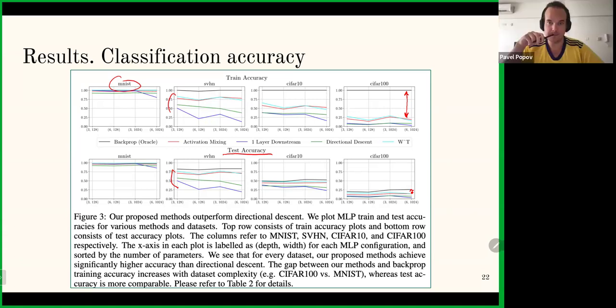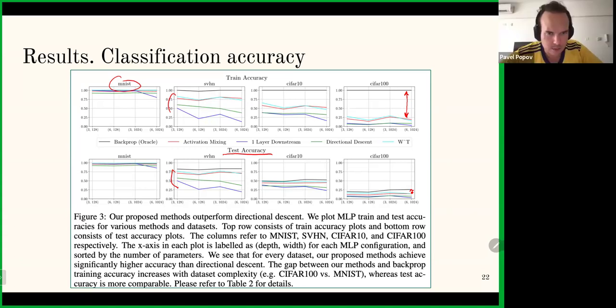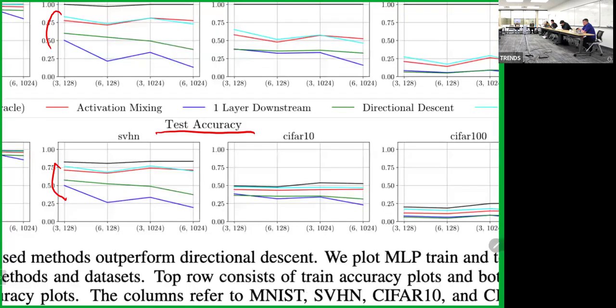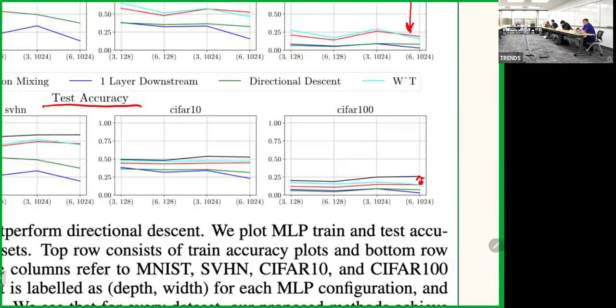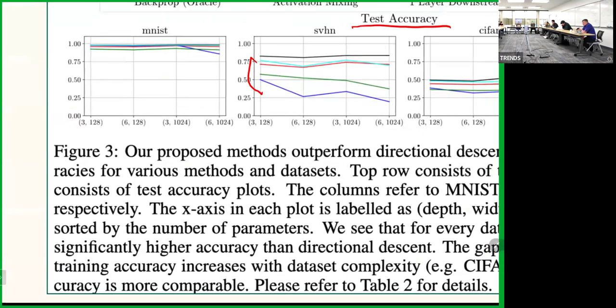But we can make it better, of course, to be above backprop on test accuracy while still being lower on train. I think all the models are worse than backpropagation on test accuracy. Backpropagation is the black line and it seems like it's on top. I don't see the error bars. This plot is meaningless because there are no error bars.